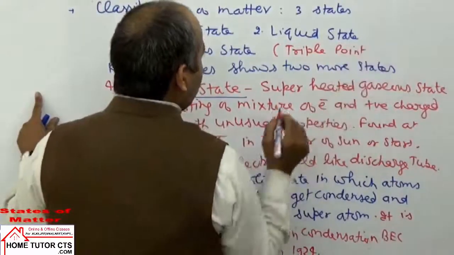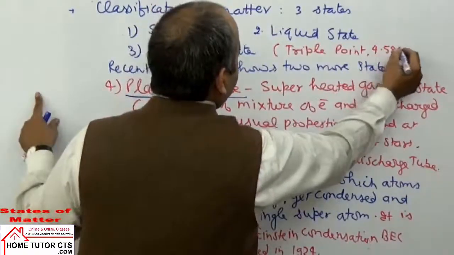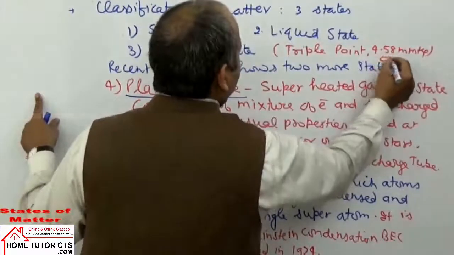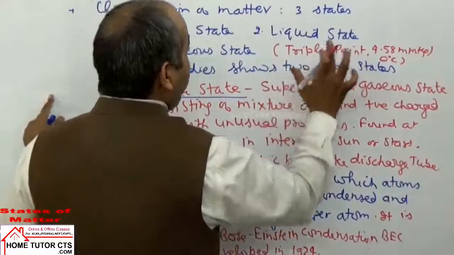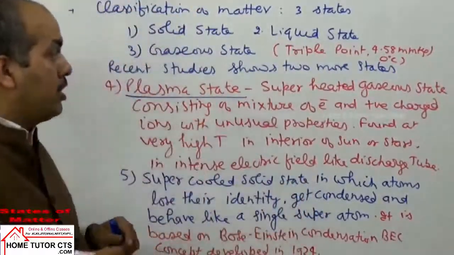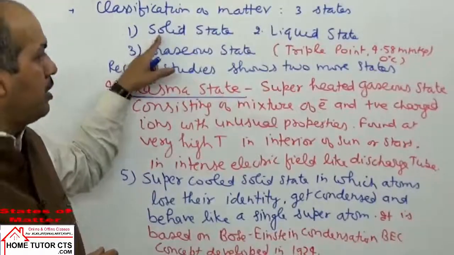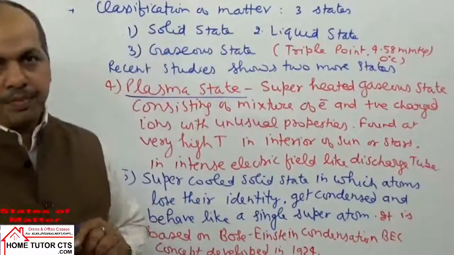That indicates a pressure of 4.58 millimeter of mercury and temperature 0 degrees Celsius. At this temperature, it is called the triple point of water. Water can exist in all three states of matter simultaneously: solid state, liquid state and also gaseous state.